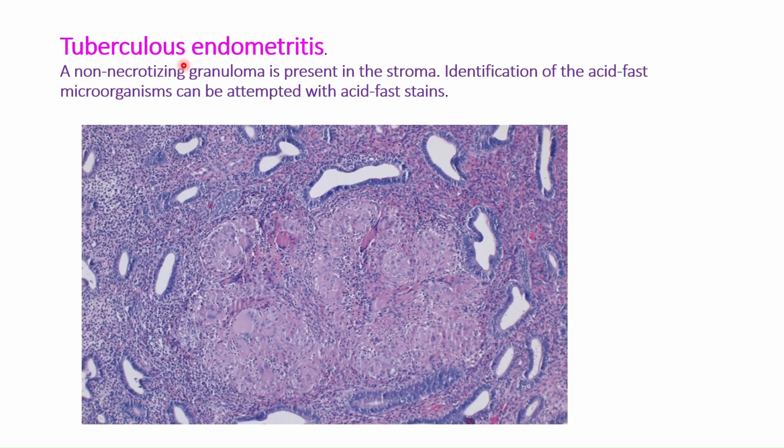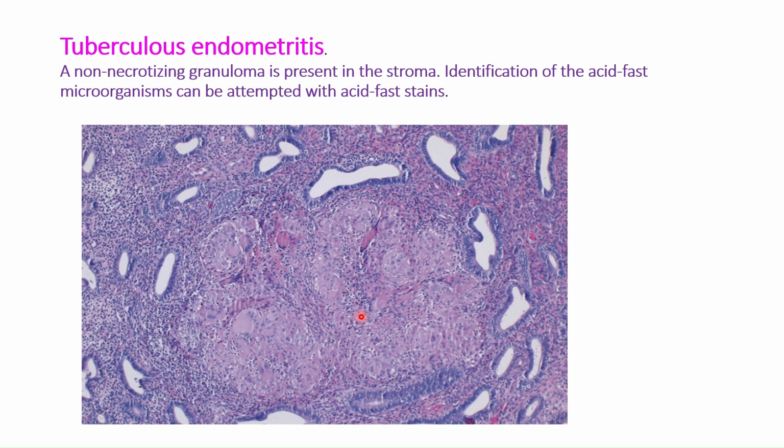This is tuberculous endometritis. Section here shows endometrial glands and stroma, but there are numbers of granuloma formation, well-formed granuloma comprising of Langhans type of giant cells, epithelioid cells, and lymphocytic infiltration.